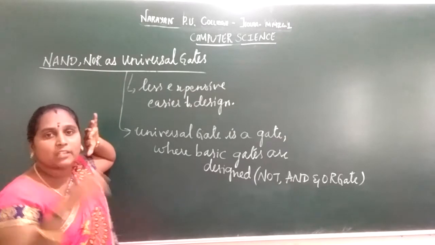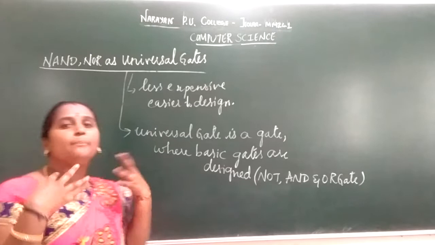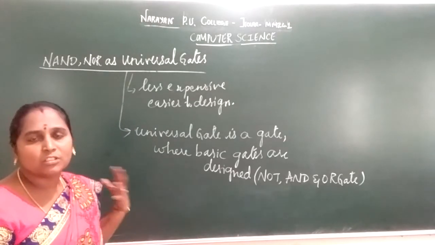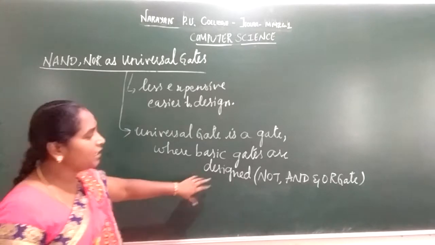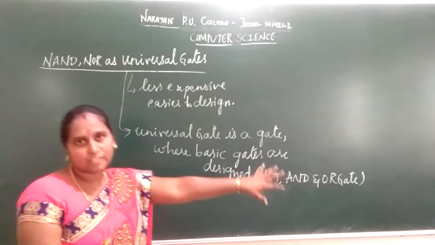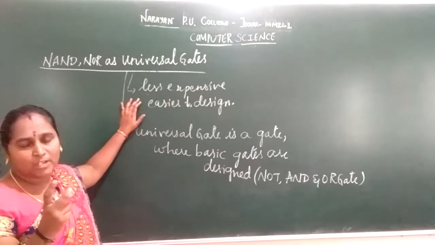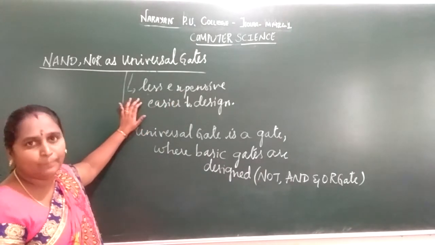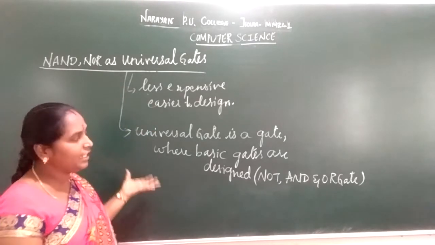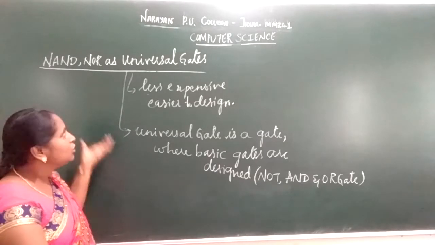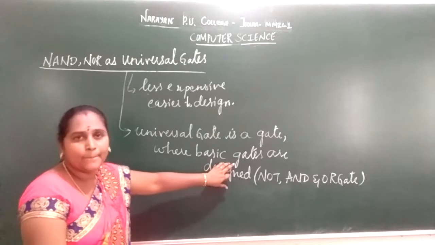Designing a NOT, AND or OR gate this way is very less expensive and the logic circuit formation is much simpler and easier. So to build a basic gate or some other derived gate, you can make use of a universal gate, NAND and NOR, and you can design the basic gates.